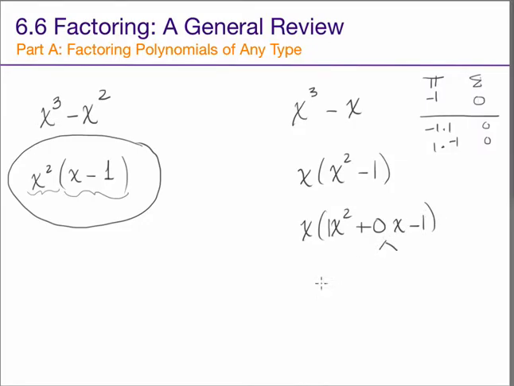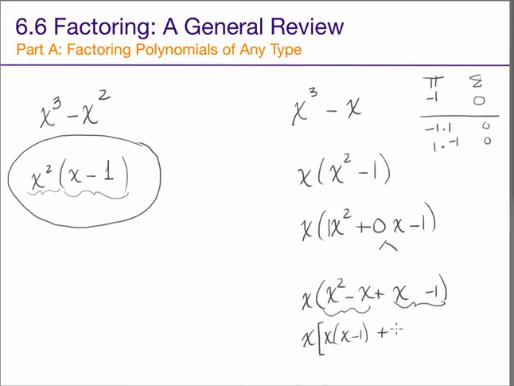So I'm going to rewrite my middle term as negative 1x plus 1x. And then find the greatest common factor of these two terms and what's left over. Bring this sign down, find the greatest common factor of these two terms.